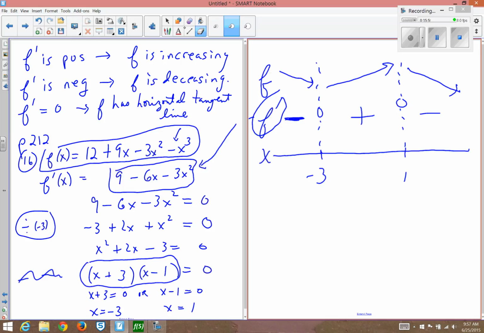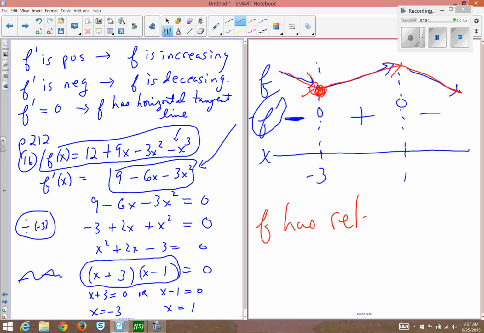So from this I can tell, I'll retrace this in red, that f has what we call a relative, sometimes called local instead of relative, minimum when x is this number right here.